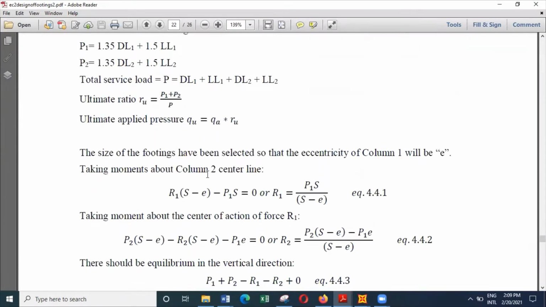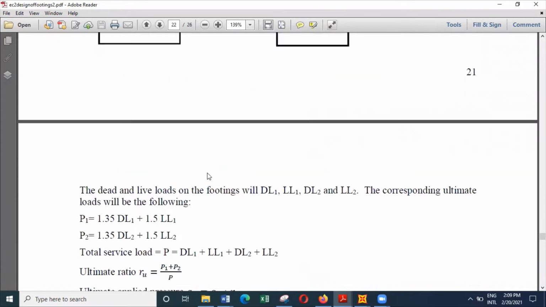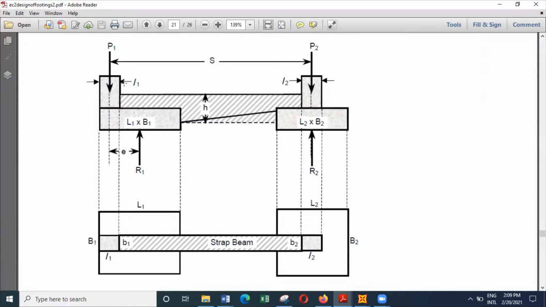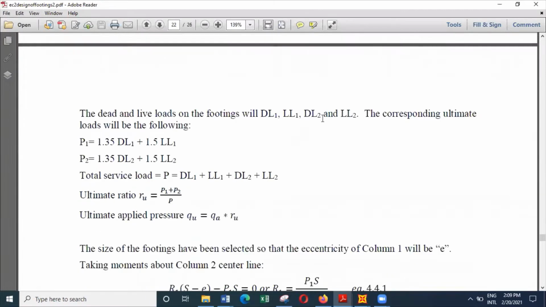So the first task is to find R1 and R2, and you can see in this particular diagram, the distance S is known, and if we have a value for eccentricity, and P1 and P2 are also known, then we can find R1 and R2.